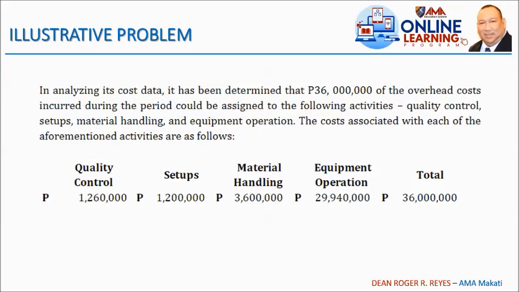So namely, quality control. Siyempre, ang products mo dapat will undergo quality. So after production, so dyan yung papasok yung quality. Setups, setting up of the equipment, all setups, material handling, and equipment operation. Lahat yan, 36,000, ito ang kanilang distribution.